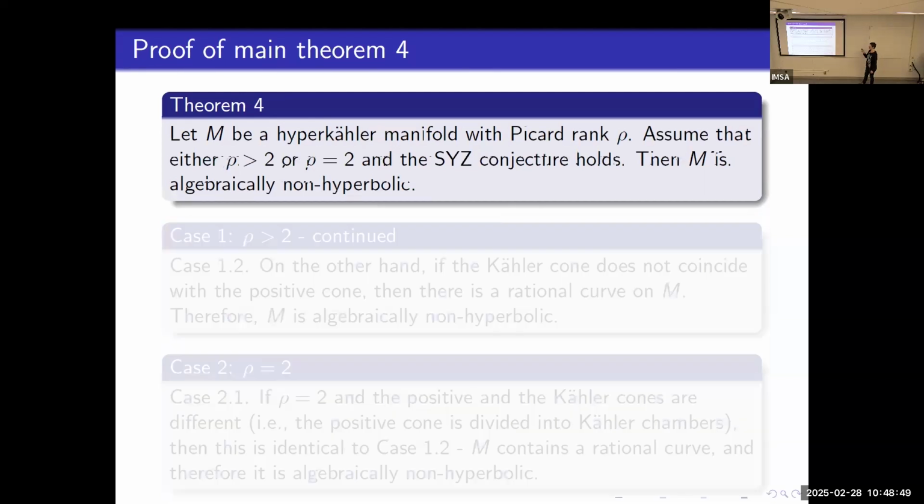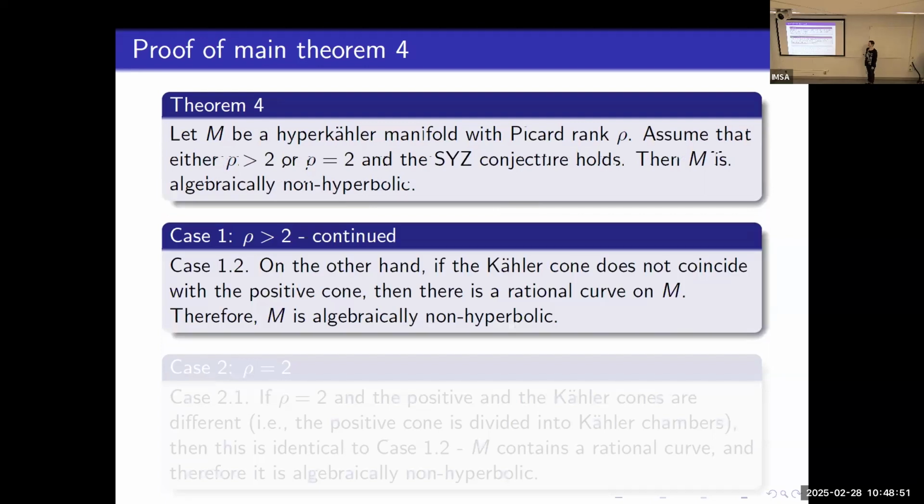The other case is simpler. If the Kähler cone doesn't coincide with the positive cone, the positive cone breaks into chambers, just like for the K3 surface. It's broken into a Kähler chamber and translations of this Kähler chamber. The walls of this subdivision are determined by various rational curves.